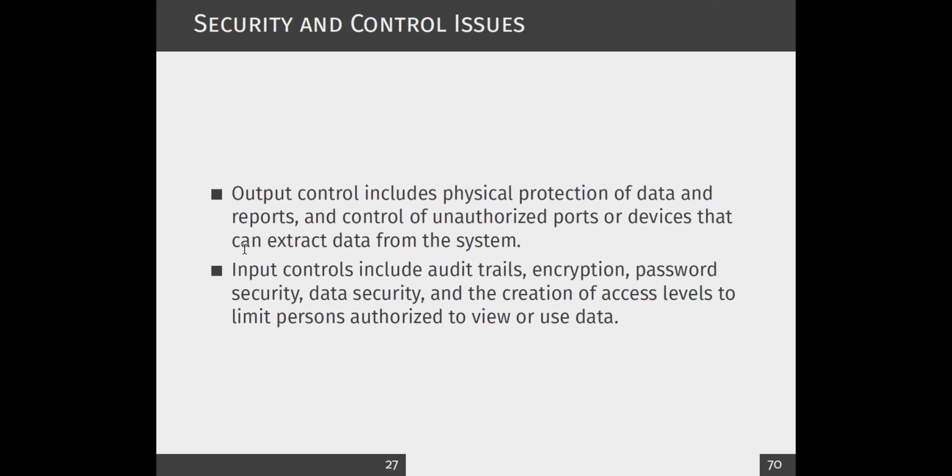You can have audit trails, which means you can record each and every task that happens to the information system. For example, nowadays, everything will be recorded, who the users are in the system and who accessed what, everything will be recorded. Then you can encrypt. For example, your username and passwords could be encrypted.